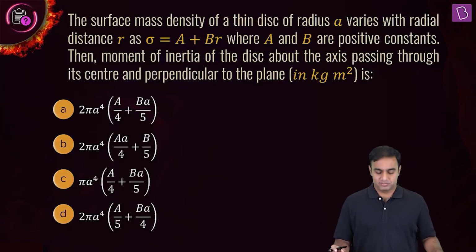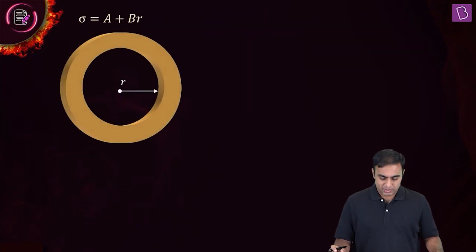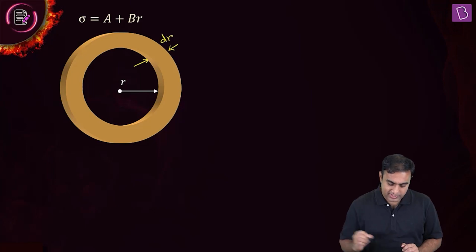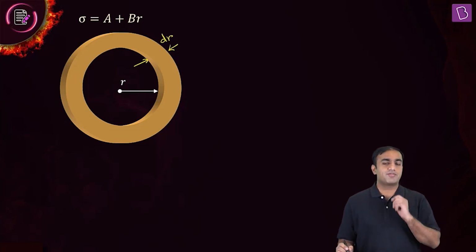Let's do that. Here is the differential element for you of radius r and very small thickness dr. First, we will obtain the expression for the mass of such a differential element, and then we will look at calculating the moment of inertia of the differential element.